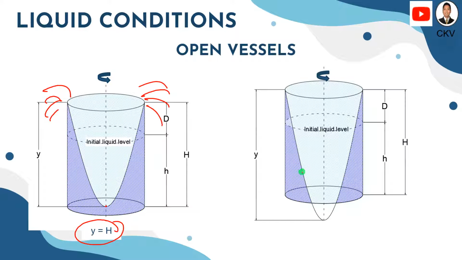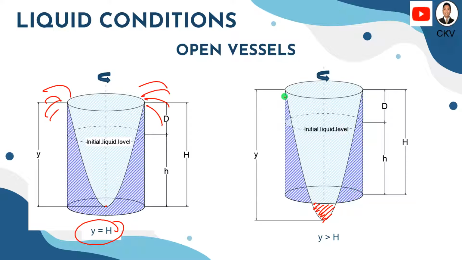And the last, if the computed y exceeds the depth of the container, it means that if we are going to draw the paraboloid again, we will start at the top rim and we will extend that below the bottom portion of the container, where we have an imaginary part of the paraboloid, which is below the bottom of this container.